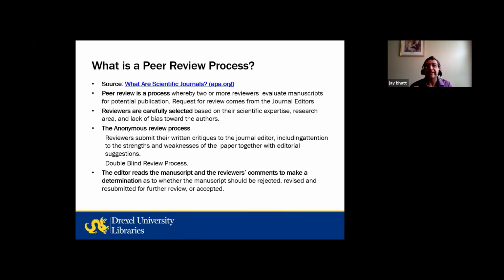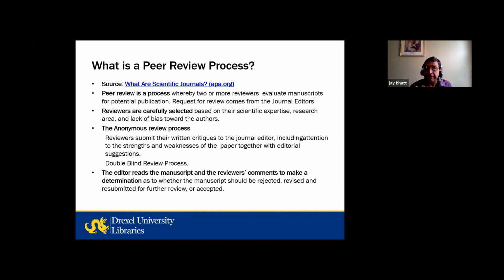And they need to understand that when there is a research experiment happening, when they want to publish this paper, they have to follow the policies of that journal where they want to publish. It has to be peer reviewed, and many times these reviewers require them to also submit corrections based upon their experiments. And reviewers are also carefully selected based upon their scientific expertise.